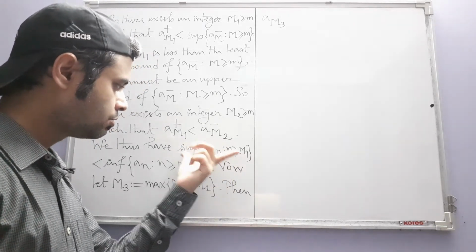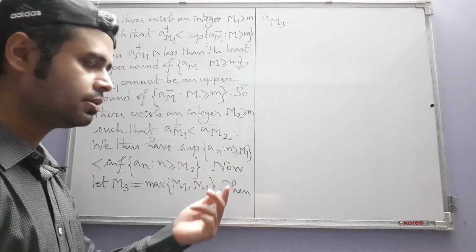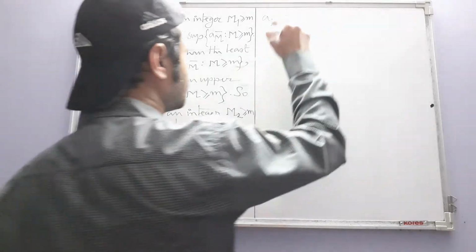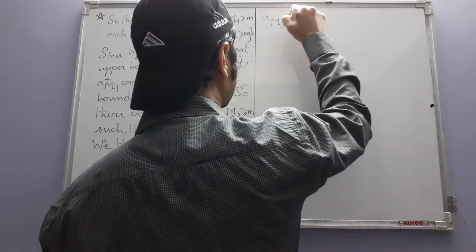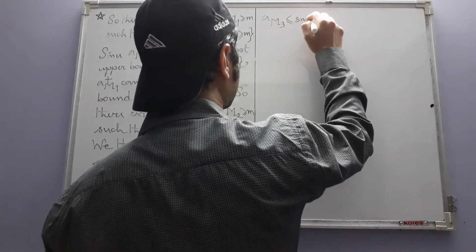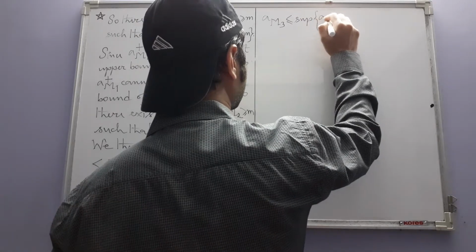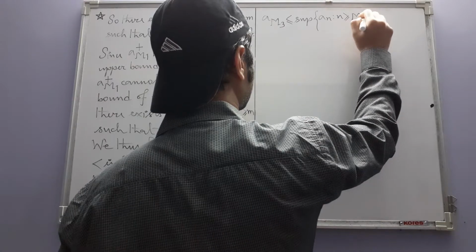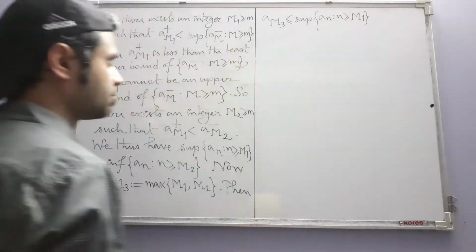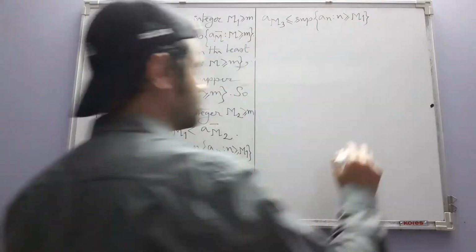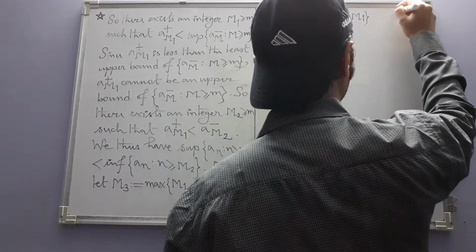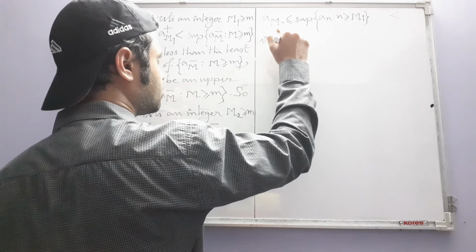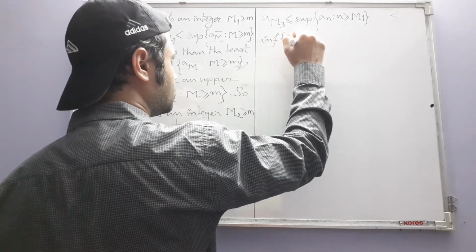Hence, the supremum of this set will be greater than or equal to am3, because am3 is an element. Okay, and that is less than the infimum of this set.